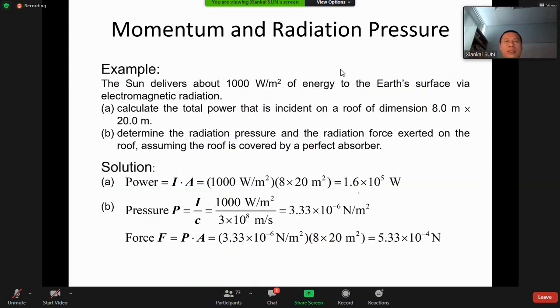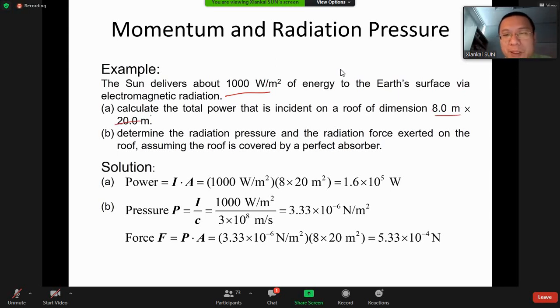Next we look at an example of momentum and radiation pressure. The sun delivers about 1,000 watts per square meter of energy to Earth's surface via electromagnetic radiation. First, calculate the total power incident on a roof of dimension 8 by 20 meters.